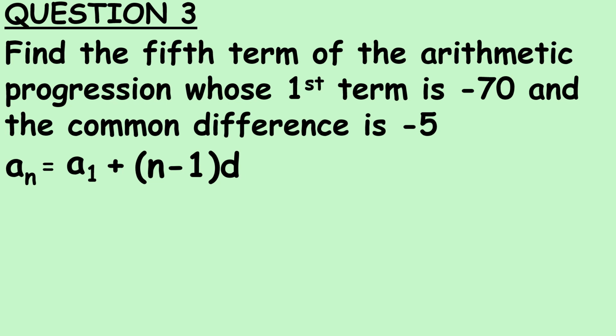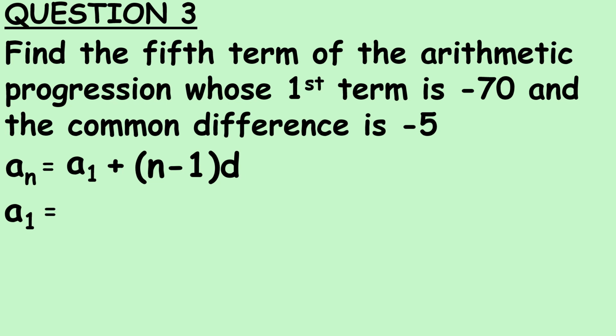Where our an is the nth term, our a1 is the first term, and then n minus 1 times d, where n is the term we're looking for, in this case 5th term, so n will be 5, and then d is the common difference, and that common difference in this particular case is minus 5. A1 is the first term, and we can see clearly that our first term is minus 70. So let's just write it out.